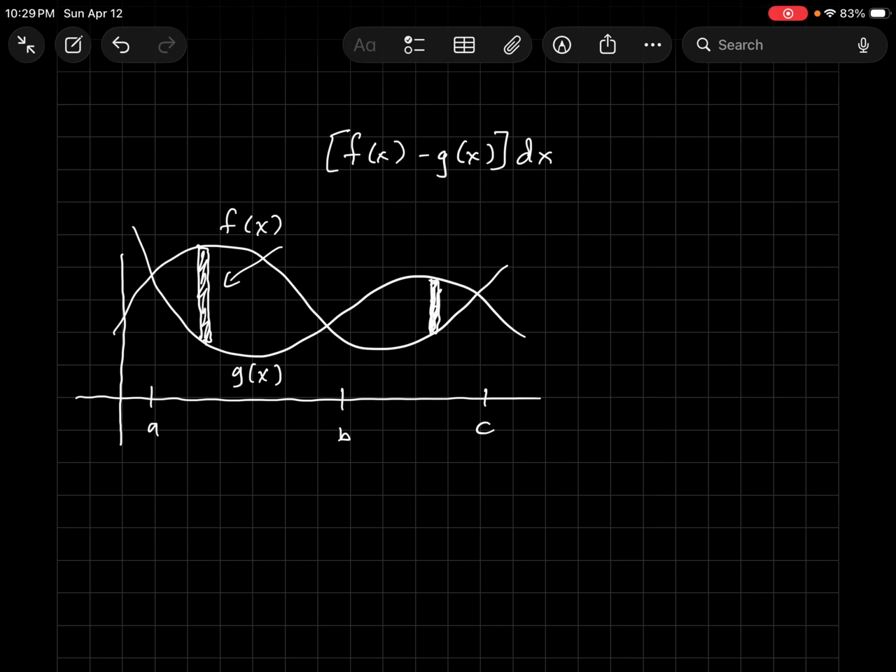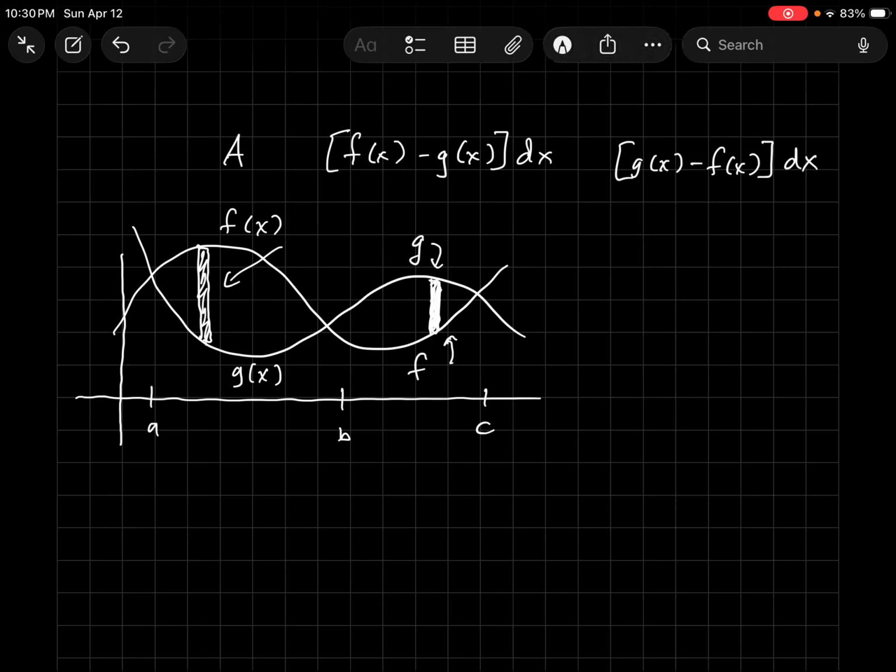The area of the rectangle on this other side is height. In this case, g is the big y value, and f is the smaller y value. So the height is g minus f, but the base is still dx.